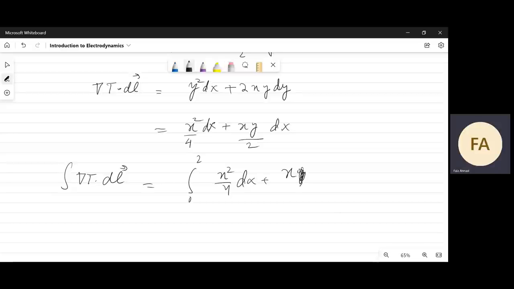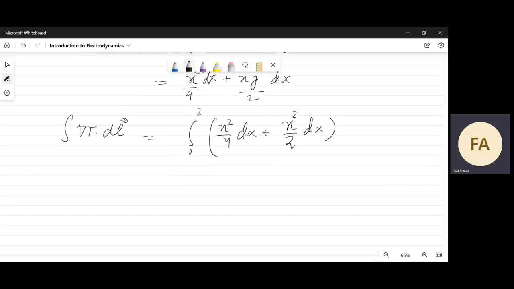The integration is over 0 to 2. If we resolve this one, you will find that it will turn to 2, which is the same as we calculated by considering the other path.